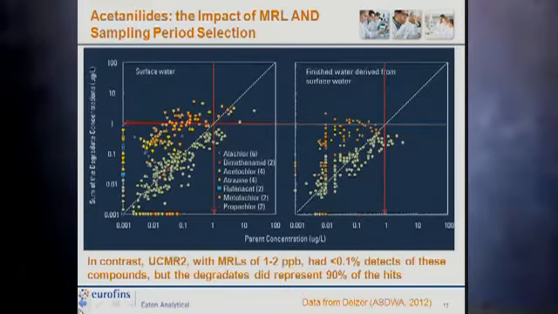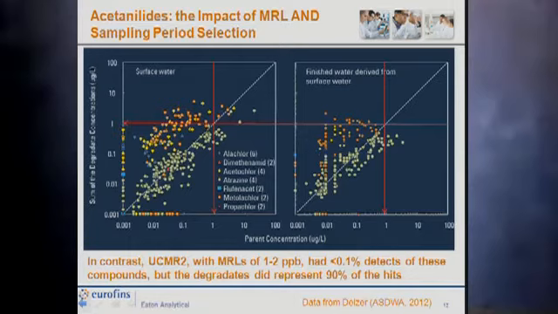If we look at the acid analytes, this is some data from Greg Delzer of the USGS for some fairly intensive monitoring they did of both the triazines and the acid analytes and their degradation products. If you look on the left side, you've got surface water, and you can see you've got quite a few of the metolachlor degradates that are there at relatively high levels.